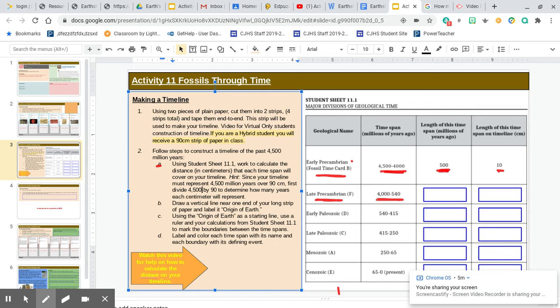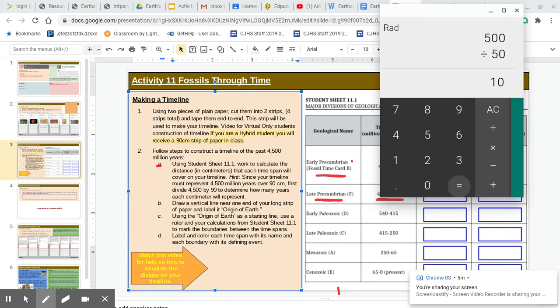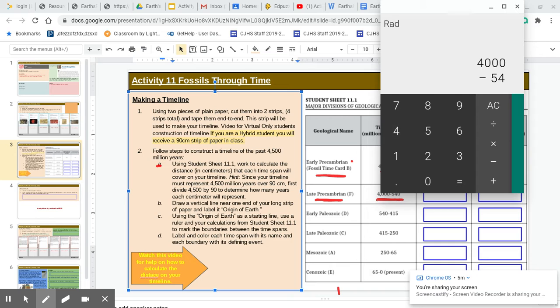So we are going to subtract those two numbers: 4,000 minus 540, and that gives us 3,460 million years.